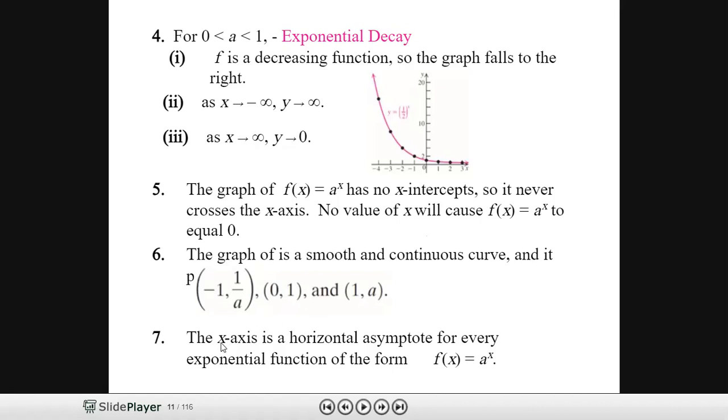The x-axis is a horizontal asymptote for every exponential function of the form f(x) = a^x. So here we are using the asymptote. An asymptote is a line which is just touching the curve but never crosses it. This time we have the x-axis, and for this given exponential function, the curve will never cross this line.